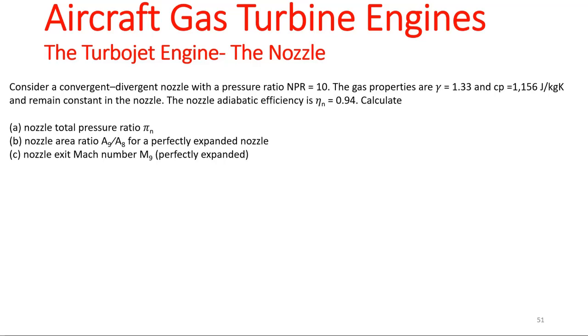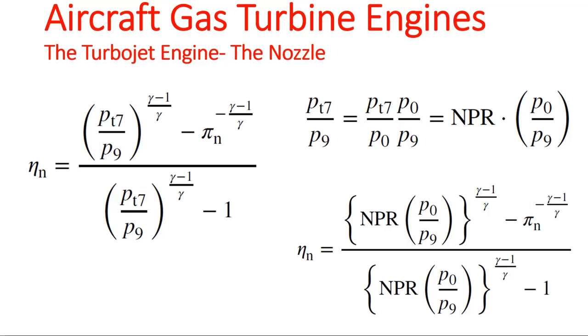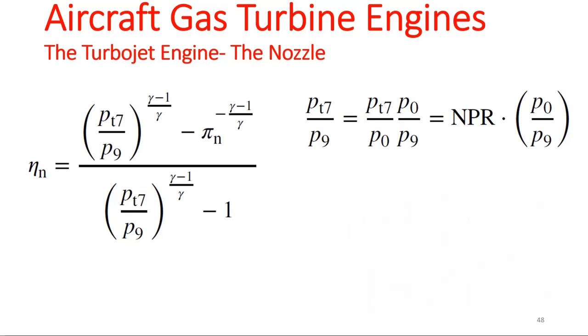Let's solve part C first. Okay. Let's find the nozzle exit Mach number, M9. How can we find that parameter? Which one?